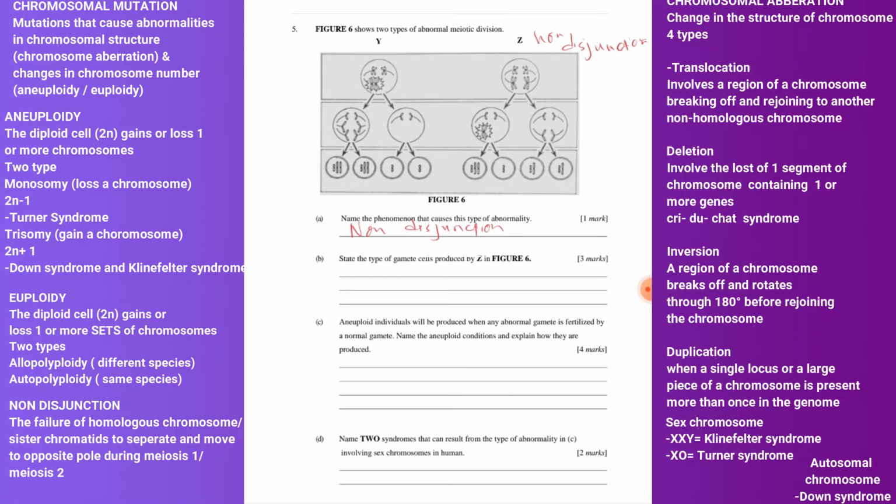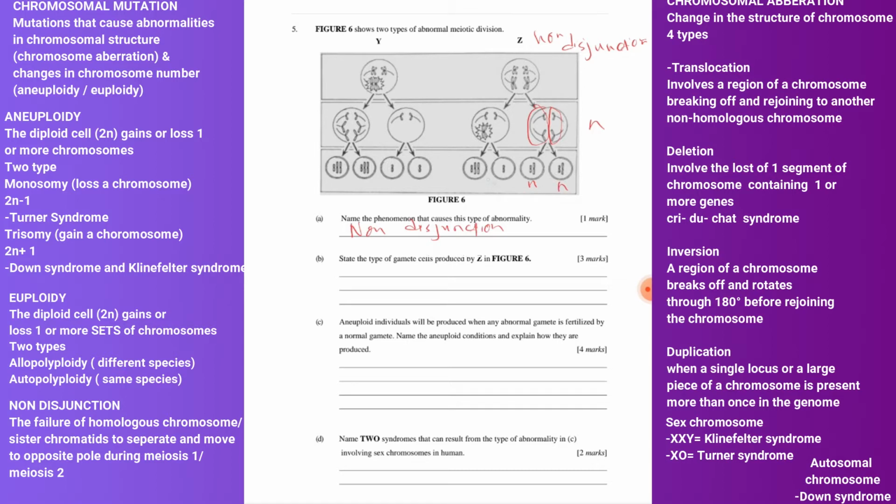Okay, state the type of gamete cell produced by X. So here gamete will have 2 chromosomes. So gamete is in the N ploidy. This one is N, normal gamete. This one is N, normal gamete.